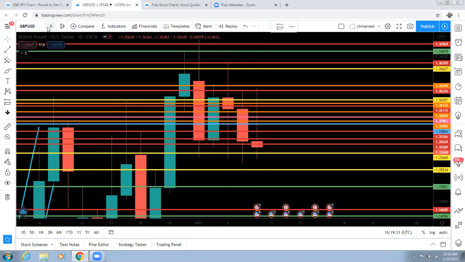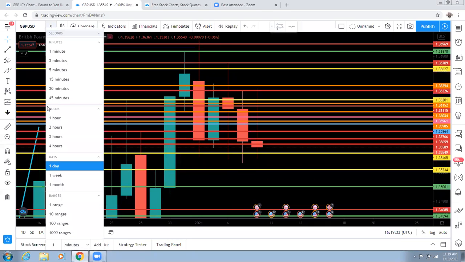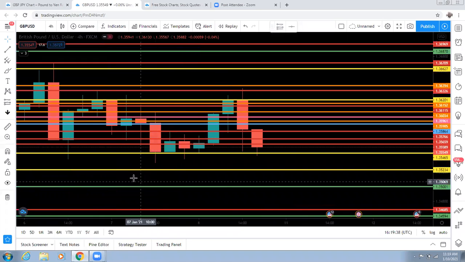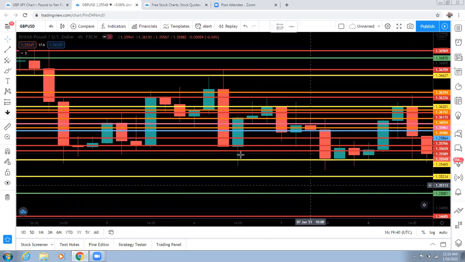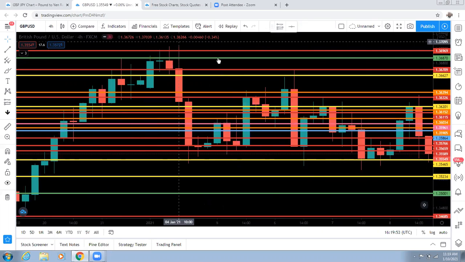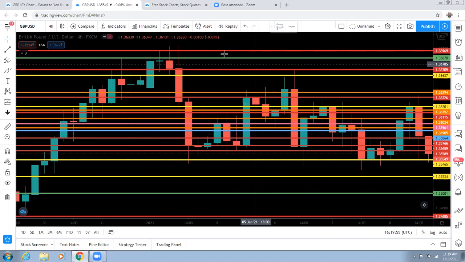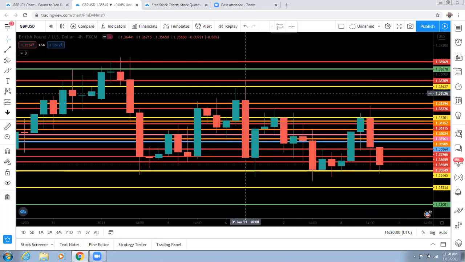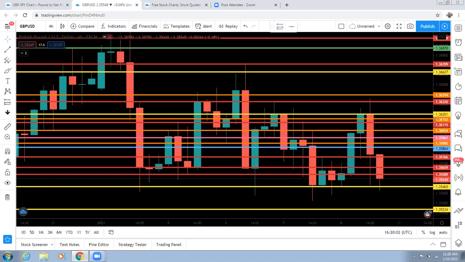So as we go down from the daily time frame, we get to the 4 hour time frame, and look what's happening. He's coming from way up here, still coming. There's going to be some buys, but it's overall doing more selling. As you can see, when it got to this level, it never came back up here, right? You all get that?